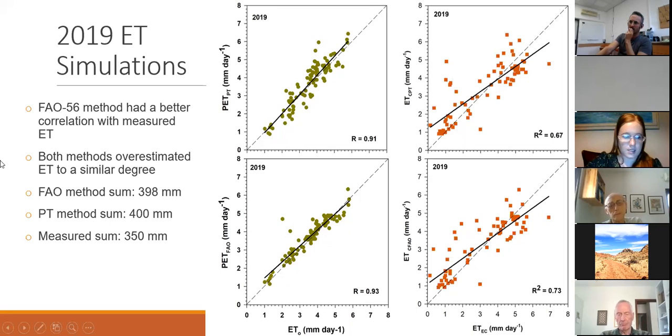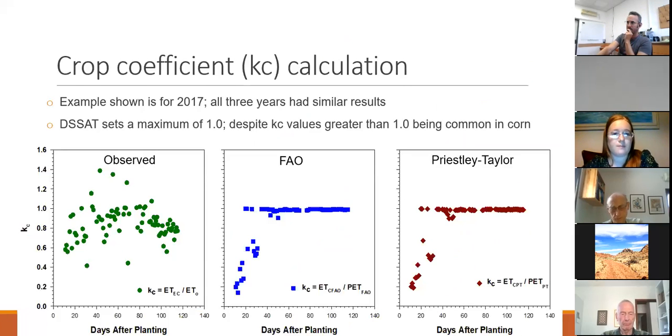But once again, as with the previous 2 years, the DSAT system overestimated actual ET, this time by about 50 millimeters for the growing season. For both methods, there was really only a tiny difference in estimated sum between the two methods.